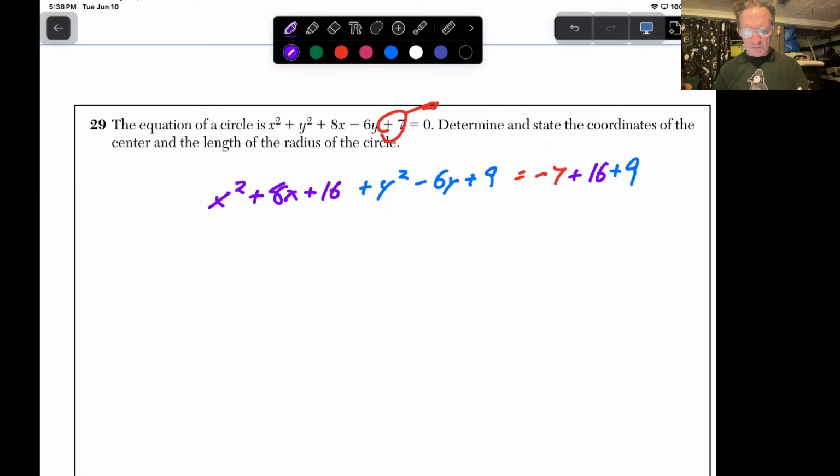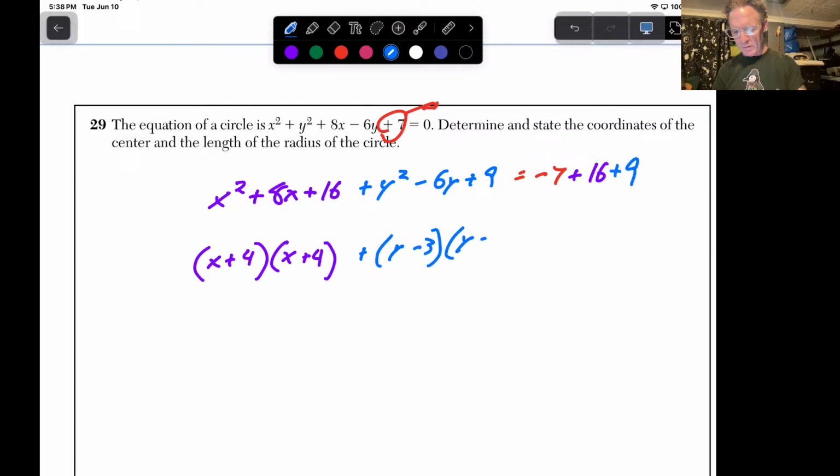Then you have to factor this thing. So that would be x plus 4 times x plus 4 plus y minus 3 times y minus 3 all equals -7 plus 25, sorry, I just heard something strange. Sorry, -7 plus 25 is 18.